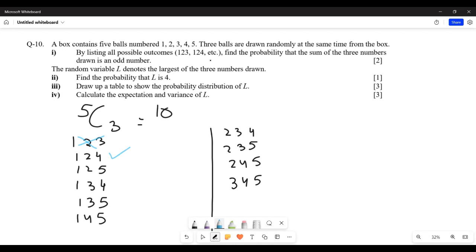Odd, not odd, not odd, odd, not odd, odd, and not odd. So 4 by 10 would be the probability. So the answer for this part is going to be 4 by 10.